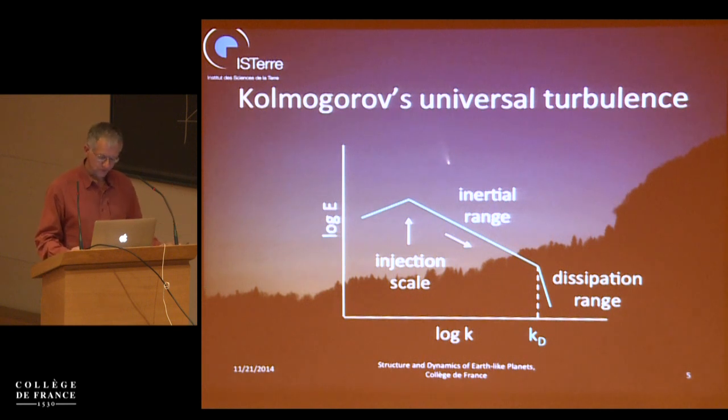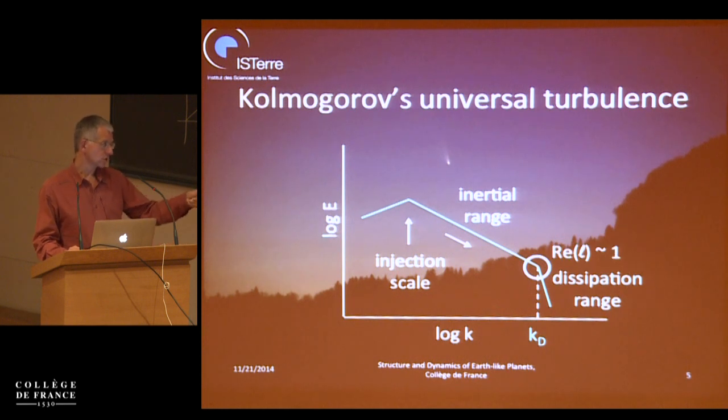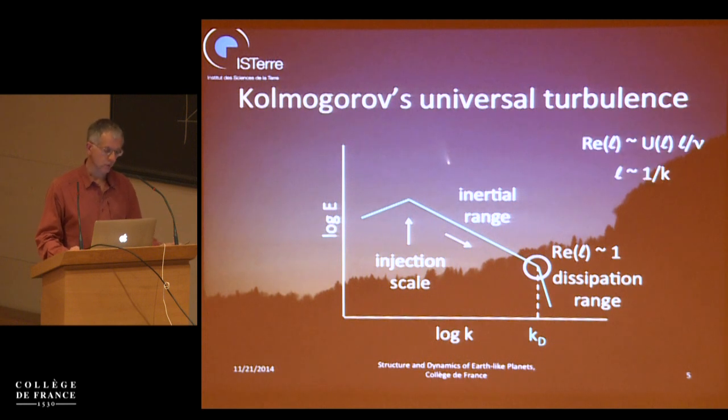What I want to put emphasis on here is that this transition from the inertial range to the dissipation range happens when the Reynolds number is around 1. That is, you have here the Reynolds number, which is the ratio of basically the advection velocity, in other words, the U grad U term, as compared to the viscous time, are about equal, when L, here the length scale, typical length scale, is just taken as being 1 over the wave number.